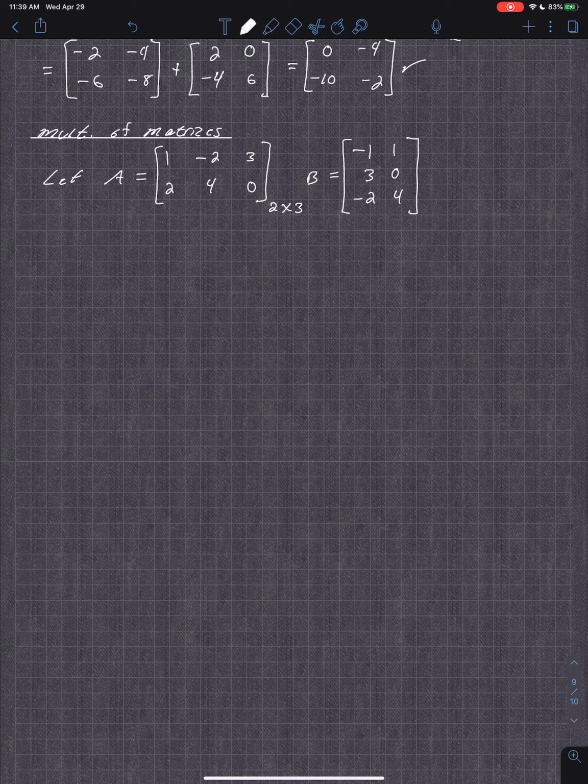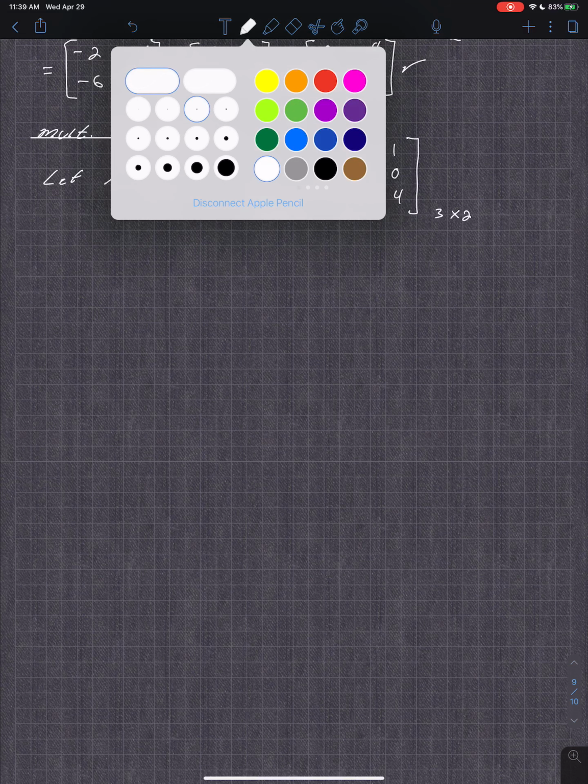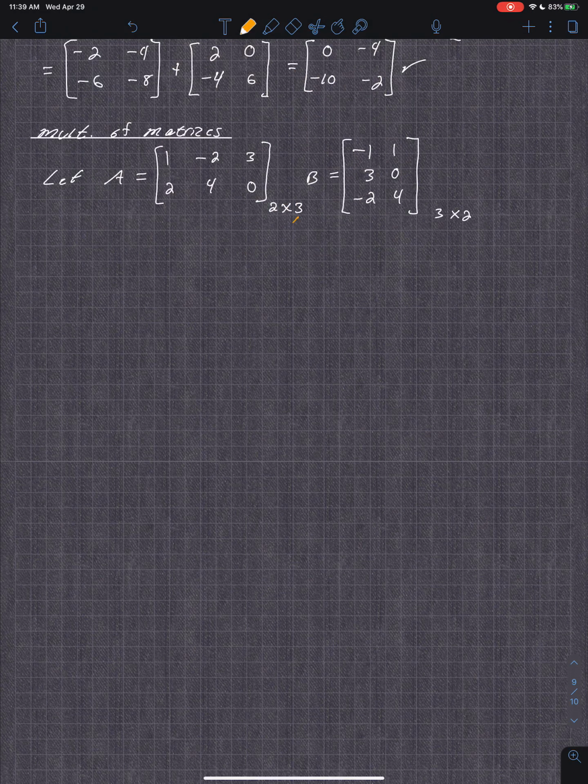All right, so then when you multiply, this B is a 3 by 2. First of all, the inside has to match. Those need to be equal. So that must match.